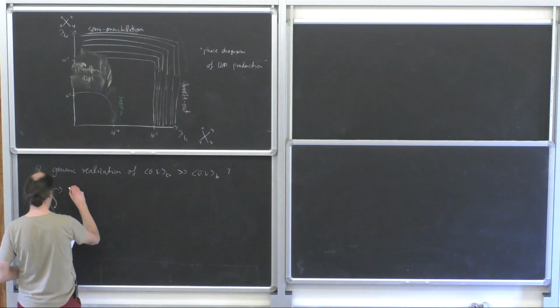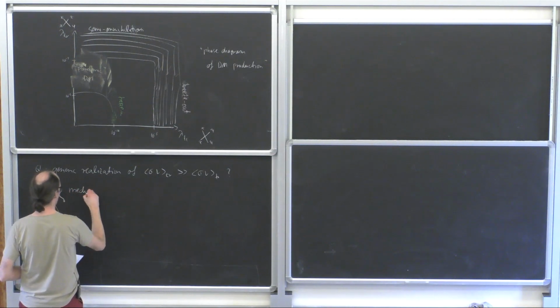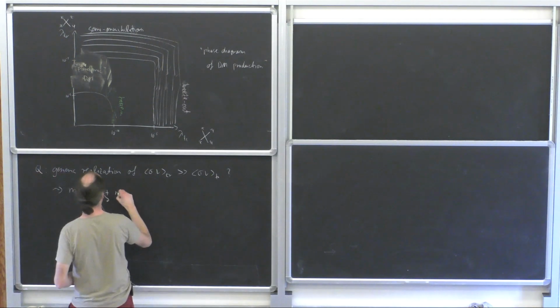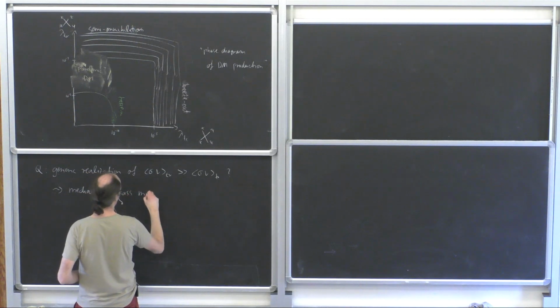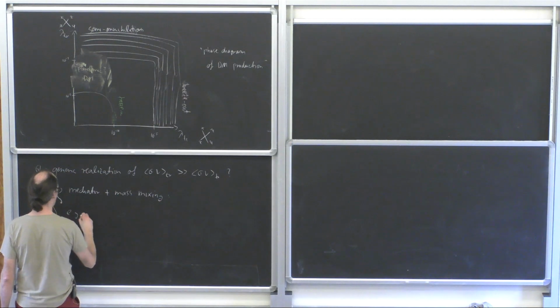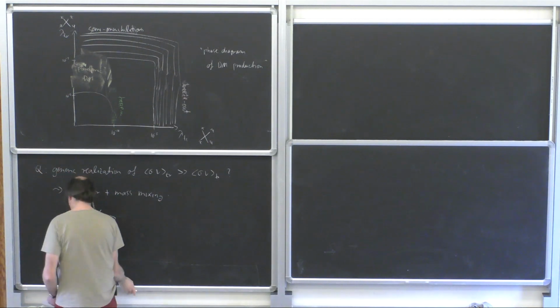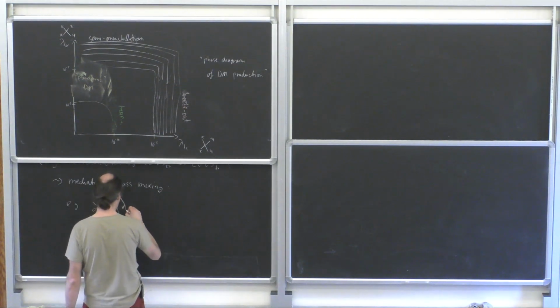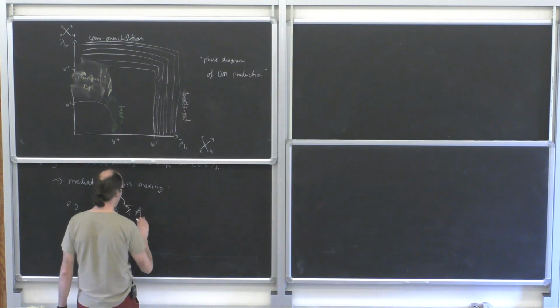Mass mixing. So we have a Lagrangian that looks like this, where you have basically a dark matter particle that is charged under some gauge group.